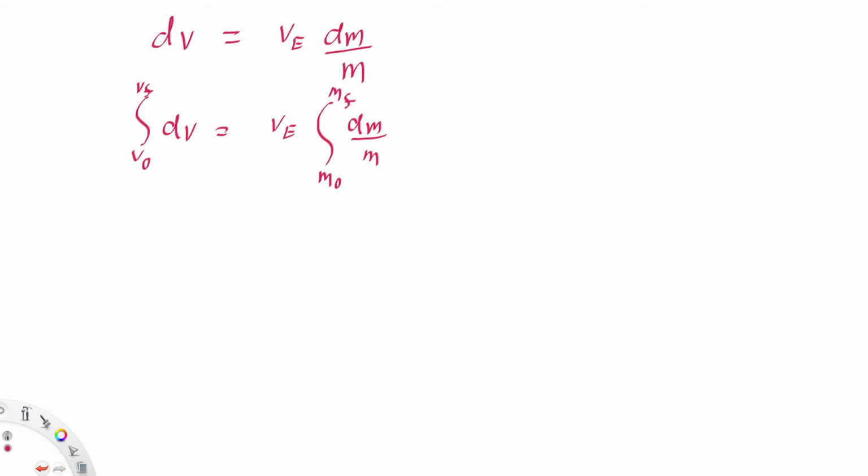Close, Josue, not just v, but delta v, right? Because v final minus v naught, that's just what we mean by delta v. And on the right-hand side, what do we get? What do we get when we integrate dm over m?